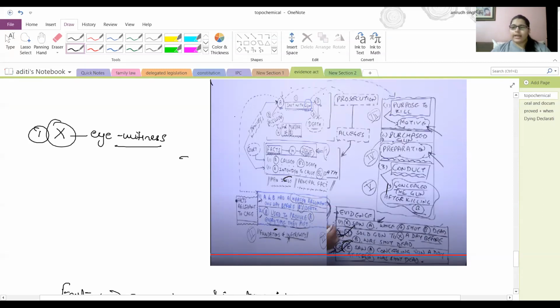You cannot directly deduce from these two statements that A has killed B. Merely that a person has sold a gun to another person or has concealed the gun does not mean that he is the one who has killed that person. No. This cannot be said to be concretely correct.